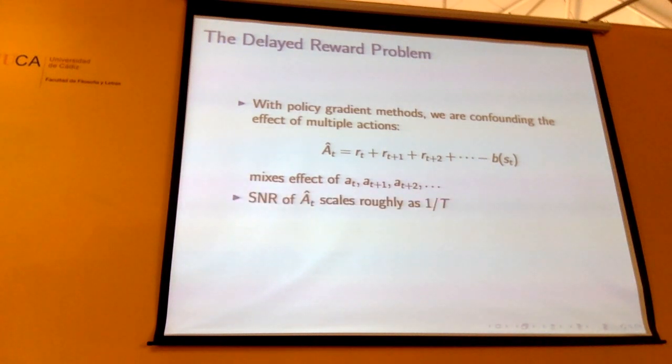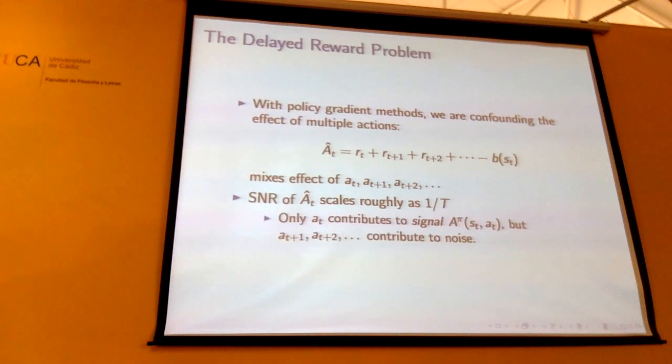Roughly speaking, the signal to noise ratio when you compute this advantage estimator scales something like 1 over the time horizon. I don't know exactly how it scales, but it gets worse as the time horizon gets longer. That's because only the action at time t contributes to the signal, but all these future actions contribute to the noise, meaning they contribute to the variance of the estimator.